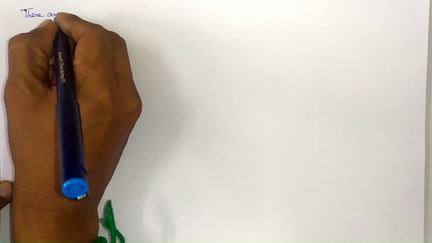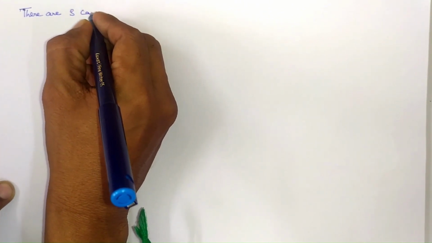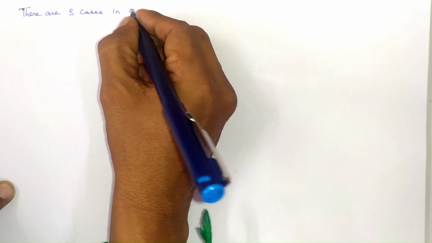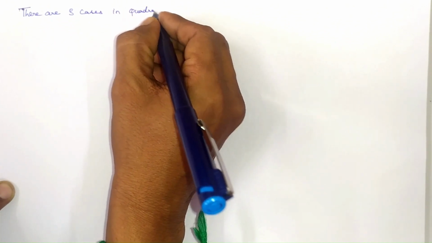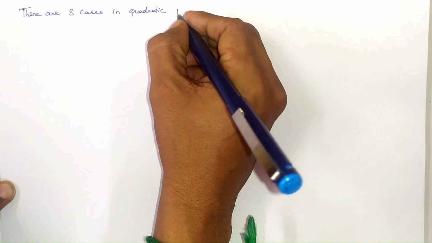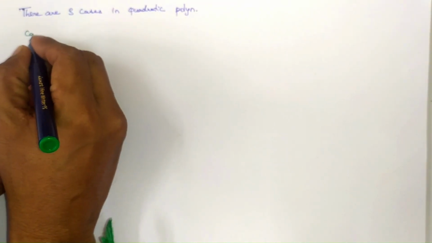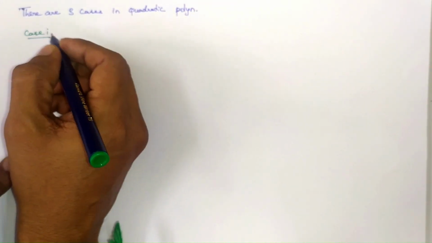There are 3 cases in a quadratic polynomial. So the first case is case 1.